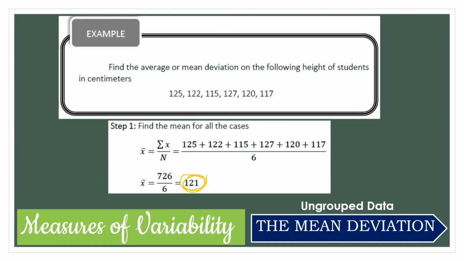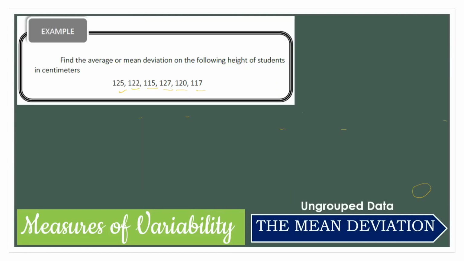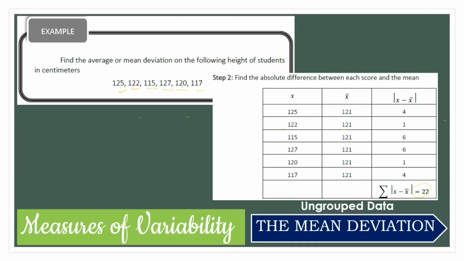The total of the numerator is 726, divided by 6. The result is 121. That is only the mean, not yet the mean deviation. We use that to accomplish step 2.